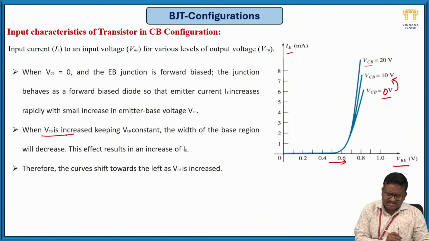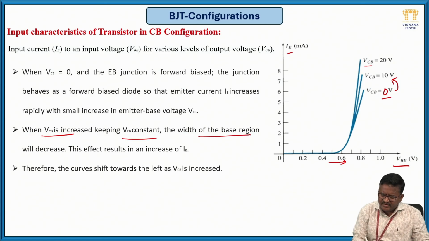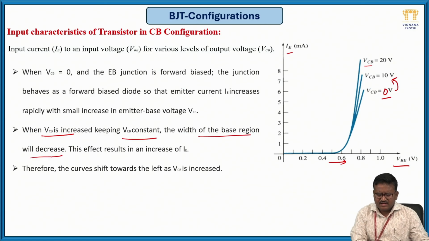As VCB is increased by keeping VEB constant, the width of the base region decreases. The depletion width at the collector base increases, and as we know the doping levels of collector and base are different. Base is lightly doped, collector is moderately doped. So the depletion layer penetrates more into the base than into the collector.